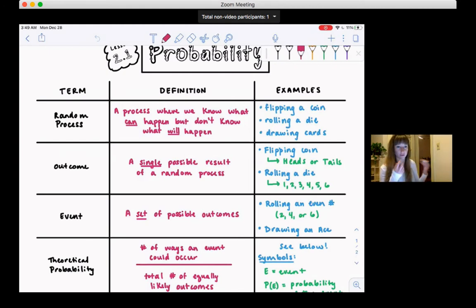So that's called an event because it's combining a group of outcomes. Or if you're drawing cards from a deck, drawing an ace, because there are 4 different ways you could draw an ace. Each individual card would be an outcome, and then an event would be combining some of those into a group, like drawing a heart, or drawing a spade, drawing an even number, etc.